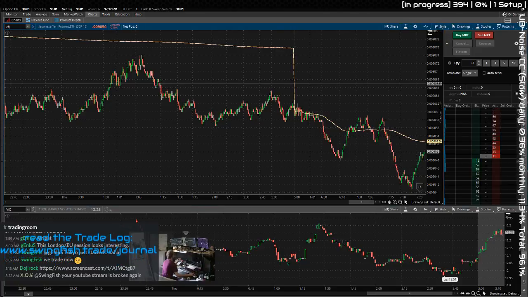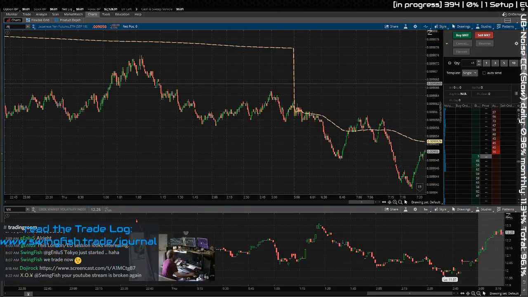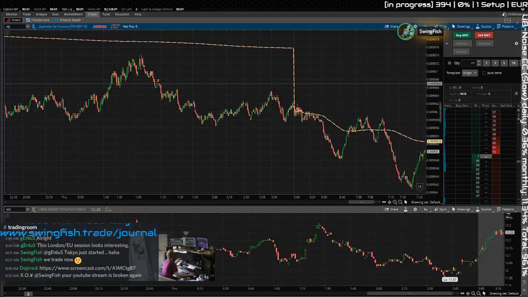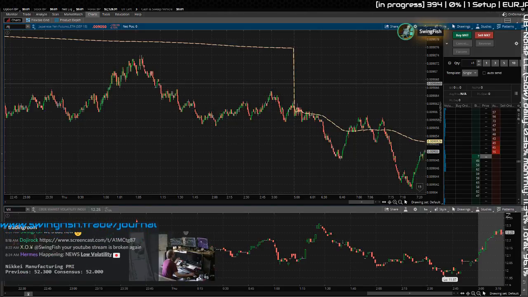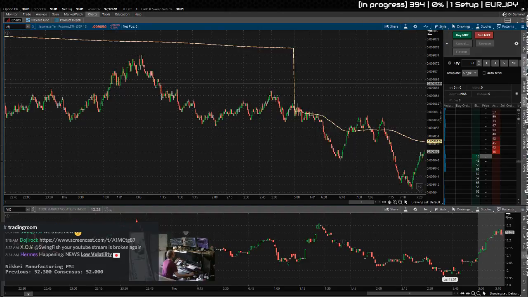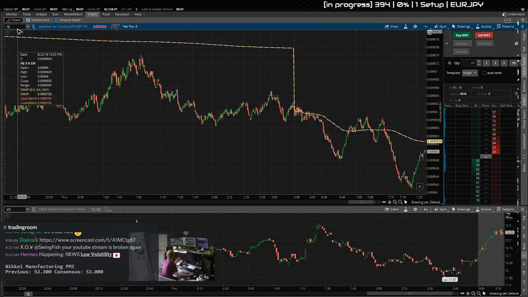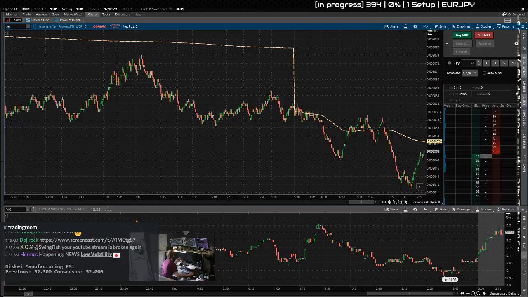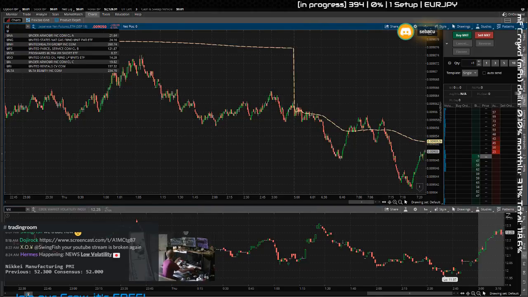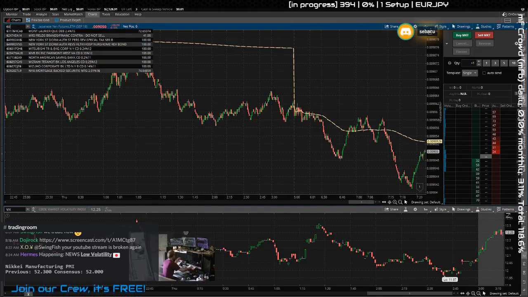Oh boy. 6J doesn't look nice at all. Aussie dollar is dropping.